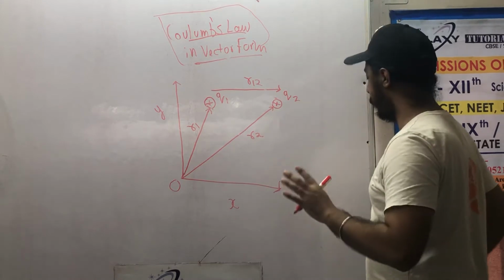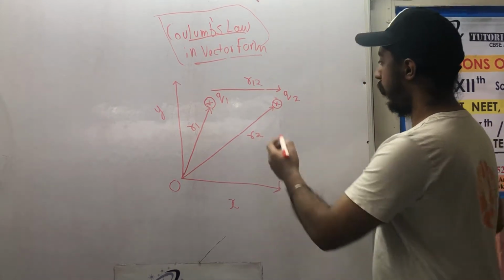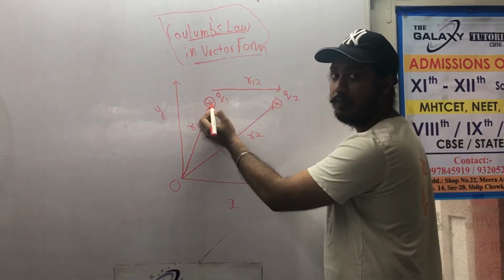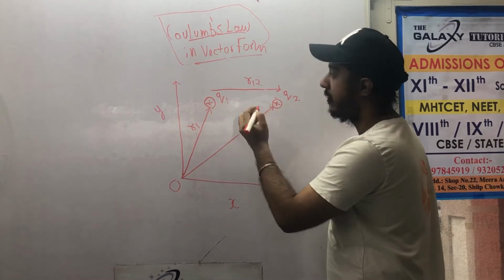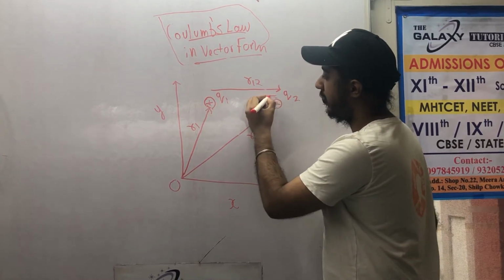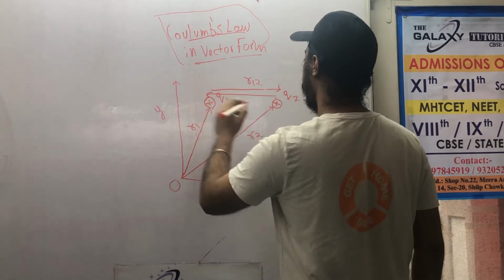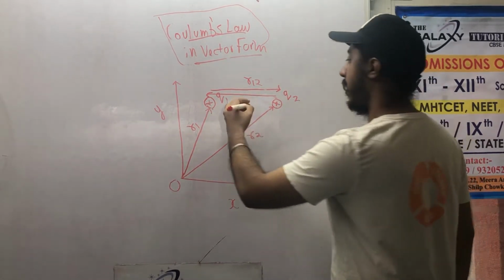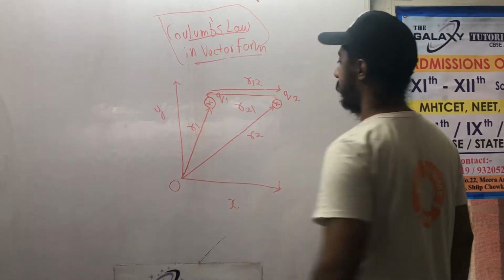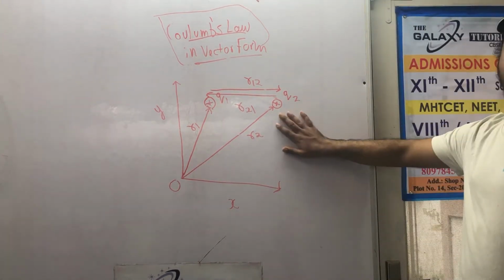I hope that is clear. And when you go from q2 to q1, the displacement vector will be r21. I hope that is clear.